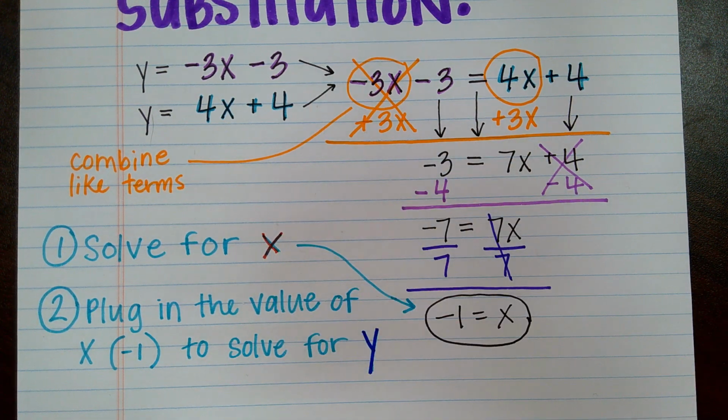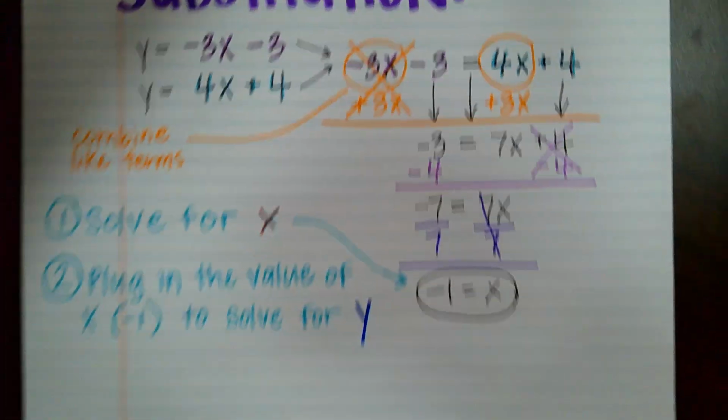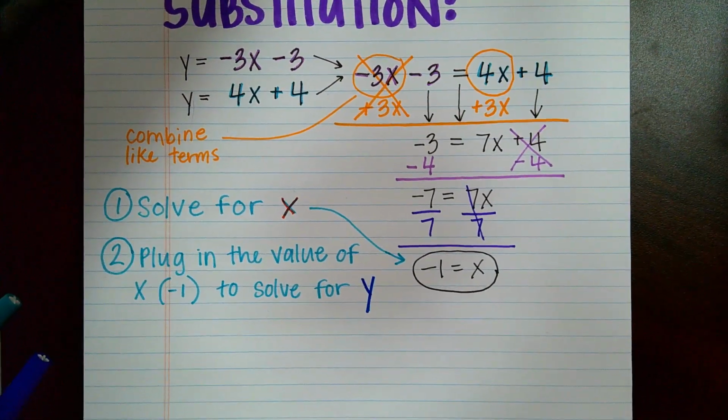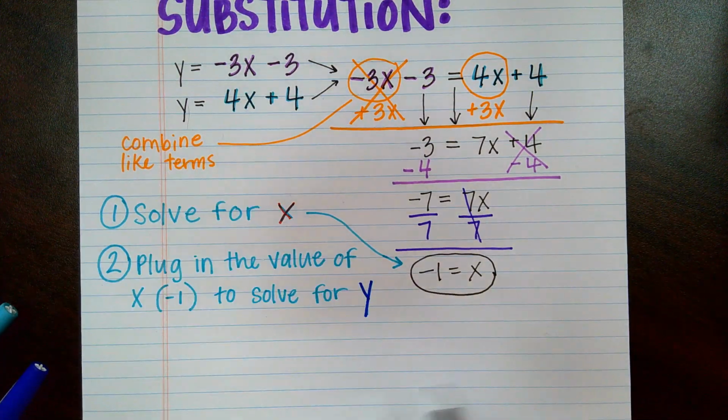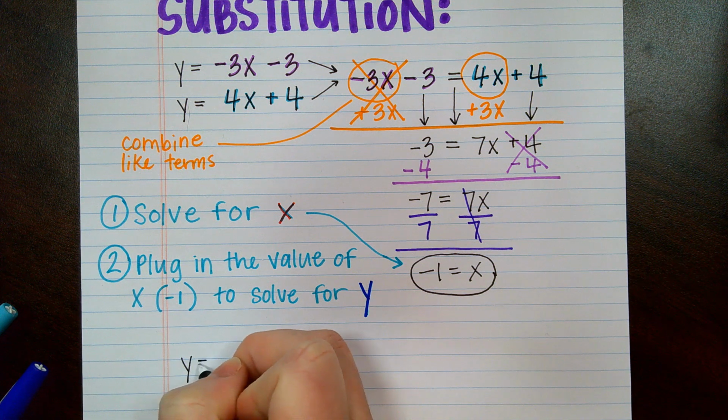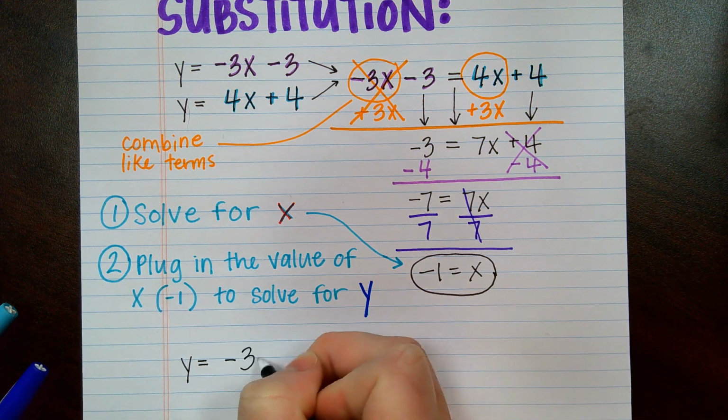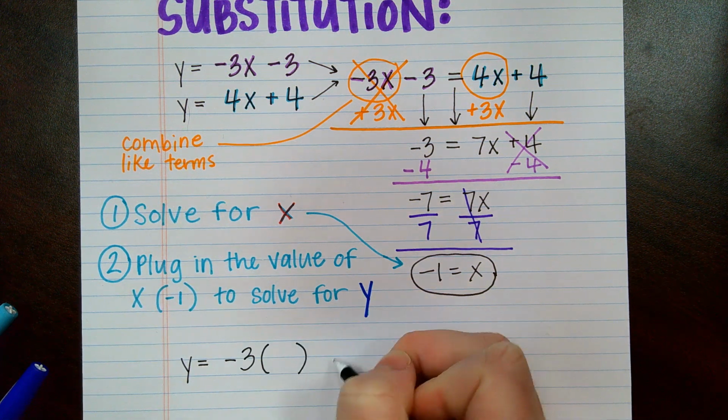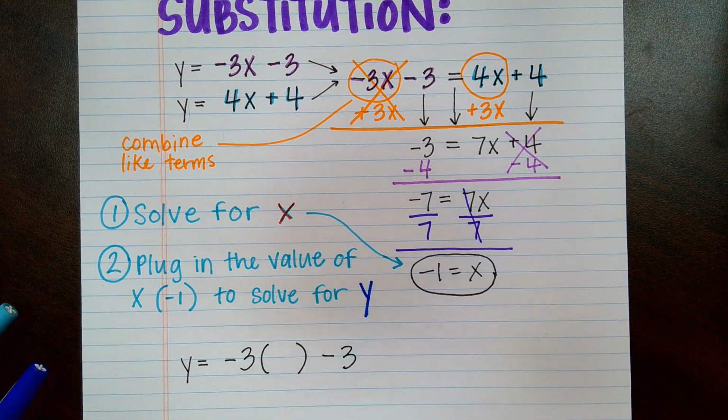Okay. So we have two equations that we could do this with. We have y equals negative 3 times x minus 3.